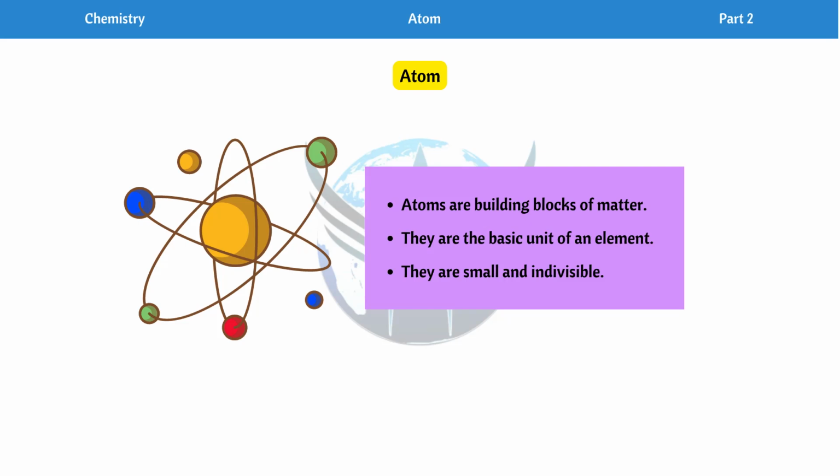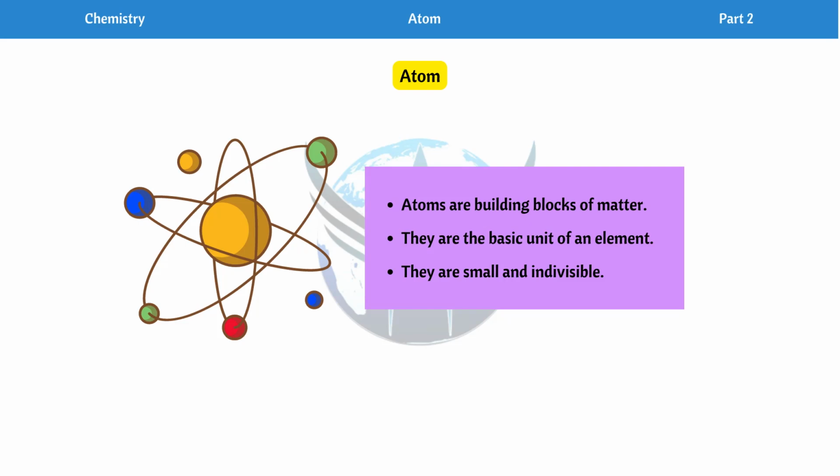But after 1803 many new and improved atomic theories were put forward. Many different scientists put forward many improved theories, and after that we found that atoms are in fact divisible, and we can divide atoms into 3 subatomic particles.